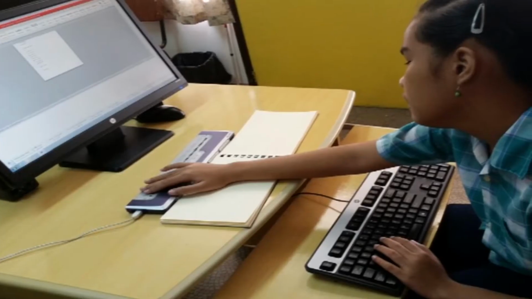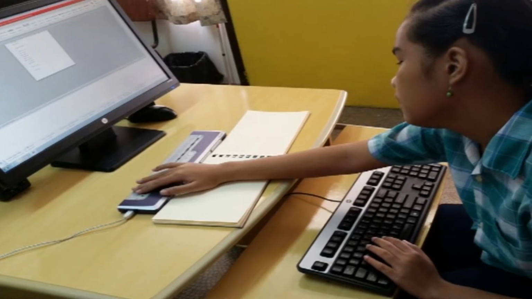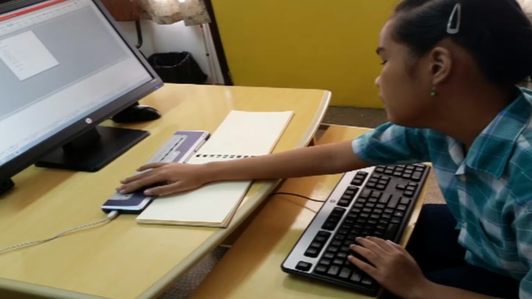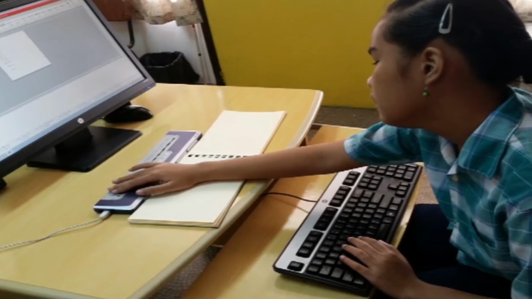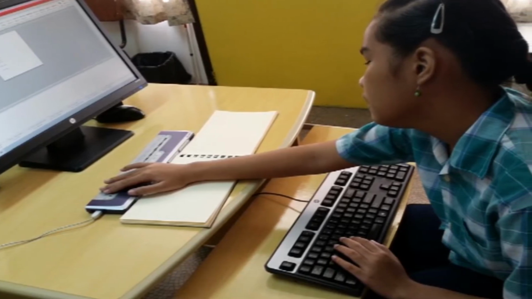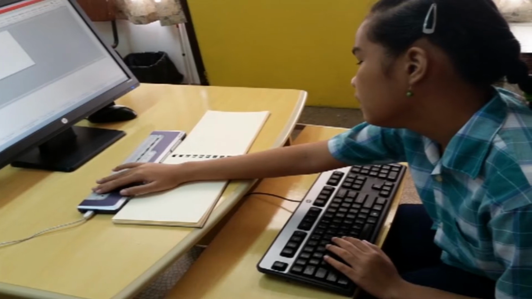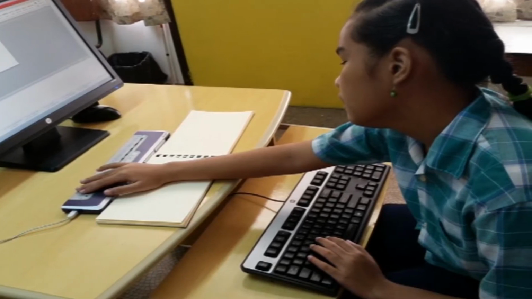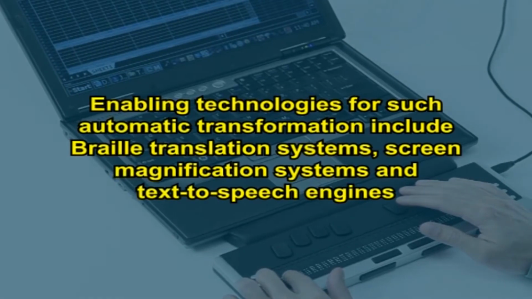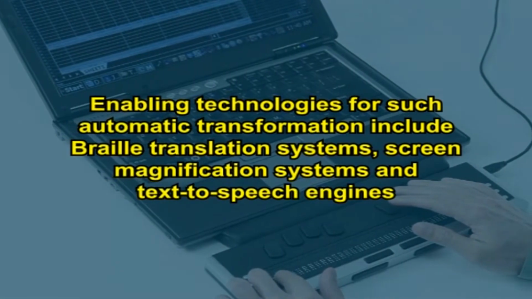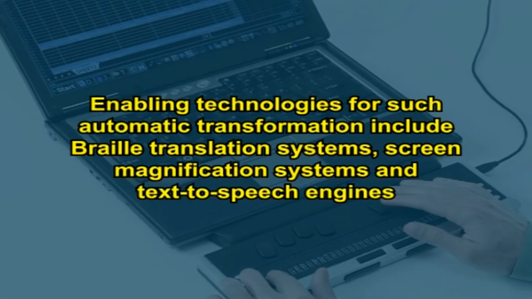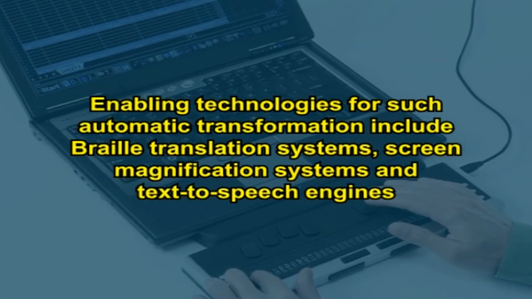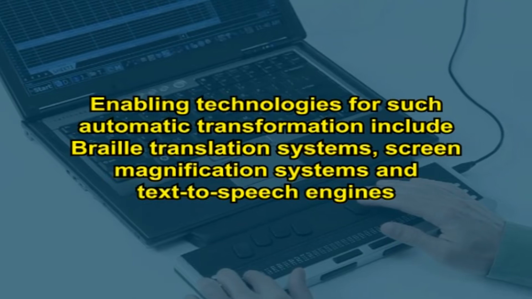Using enabling technologies in combination with general purpose computer systems, the blind and partially sighted have been able to transform information from formats aimed at the sighted into formats more suitable to meet the needs of the visually impaired. Enabling technologies for such automatic transformation include braille translation systems, screen magnification systems and text-to-speech engines.